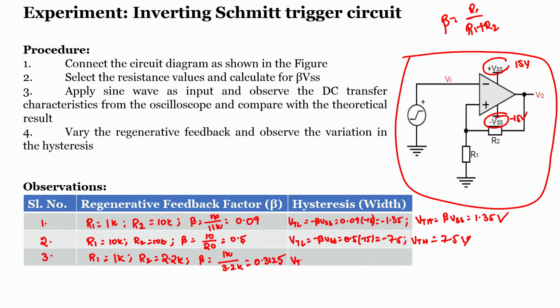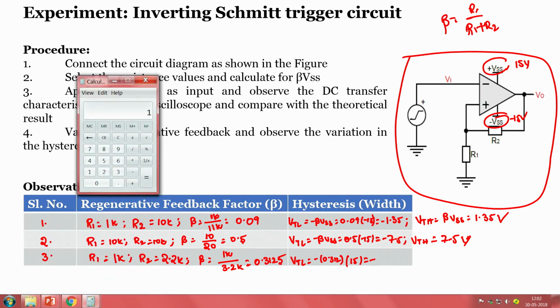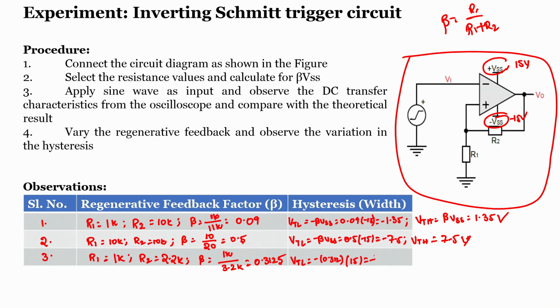Then what about VTL? It is nothing but minus 0.3125 into 15, which is approximately minus 4.7, or 4.6875, and the higher threshold value is plus 4.6875 volts.